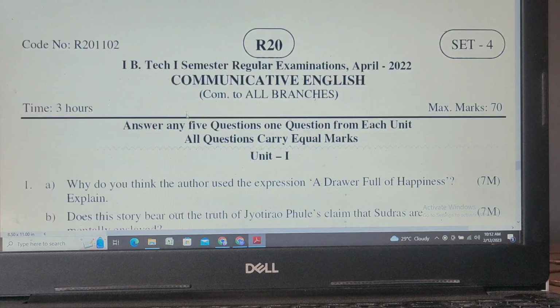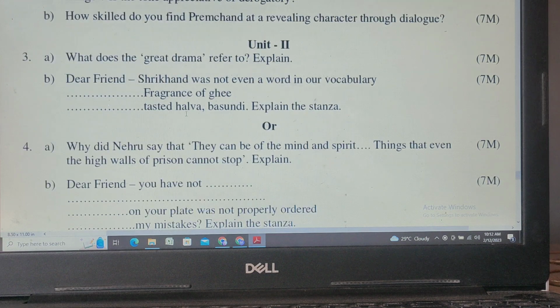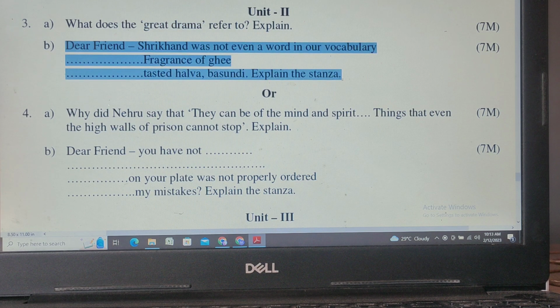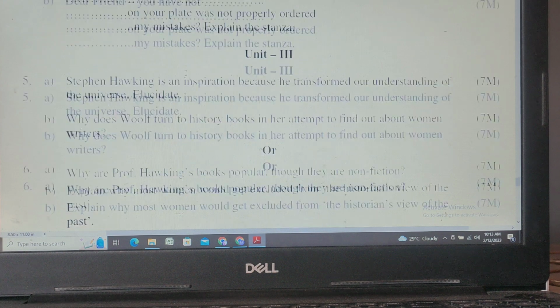Let's take a look at set 4. Set 4 also talks about Drawer Full of Happiness and Deliverance. Unit 2 is again great drama. It's Jawaharlal Nehru's letter, and this is talking about explaining the stanza. So take a look at the poem once, which gives you a clear explanation, and it's again the same thing.